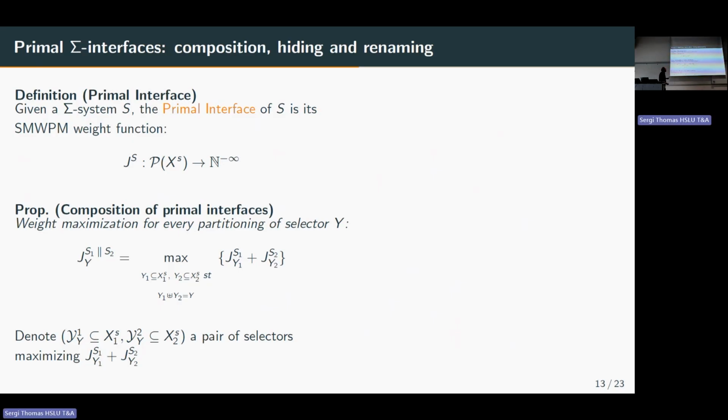The composition of two sigma systems is simply a maximization of the sum of the two interfaces for all the partitionings of a given selector Y. The hiding is simply forcing a hidden variable to be in the selector, because the variable becomes local and it has to be matched locally.